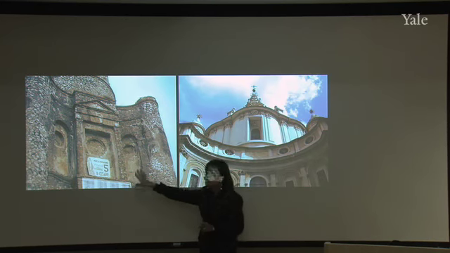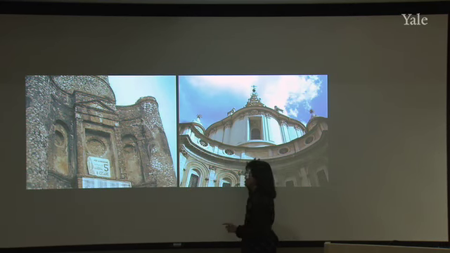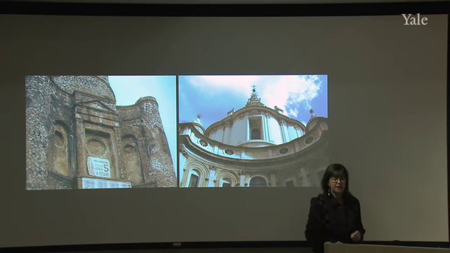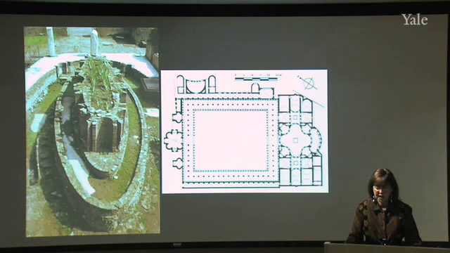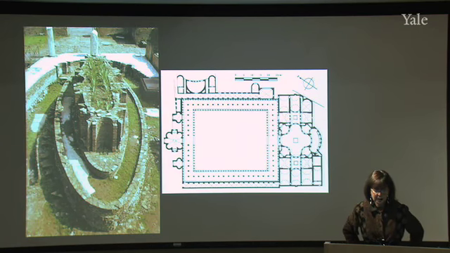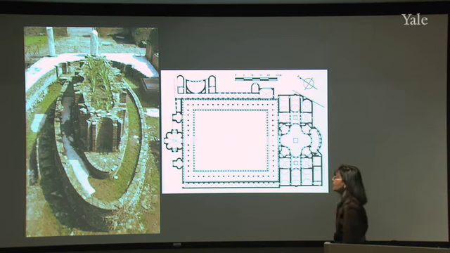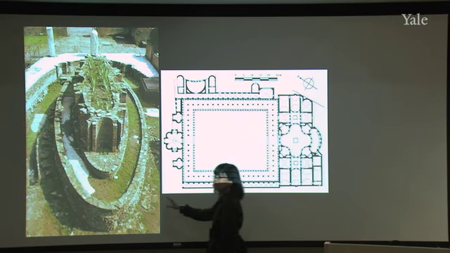The same sort of thing here. So once again, architects of the 17th century were very much inspired by these kinds of motifs that survived from Roman antiquity.